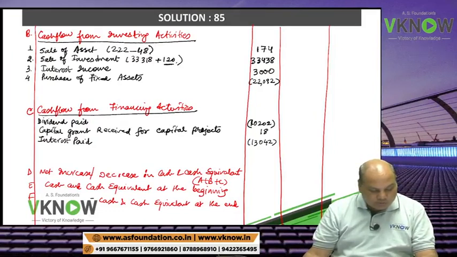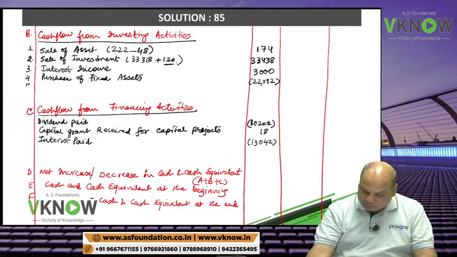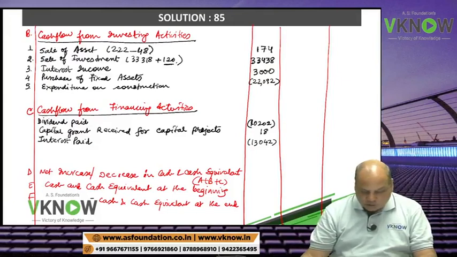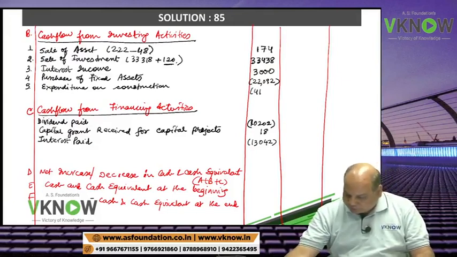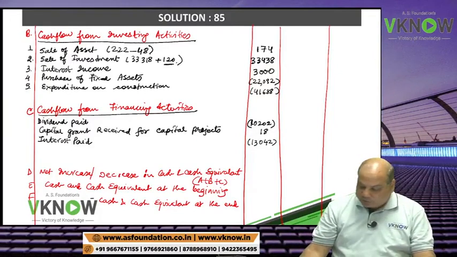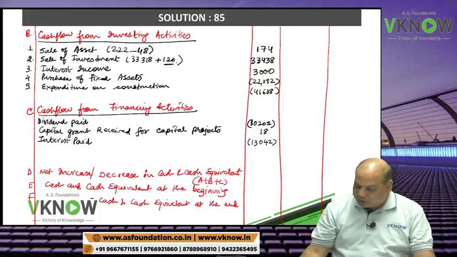Point number 13, expenditure on construction work. Again investing activity. Expenditure on construction in bracket 41688. Grant received for capital project, already done.